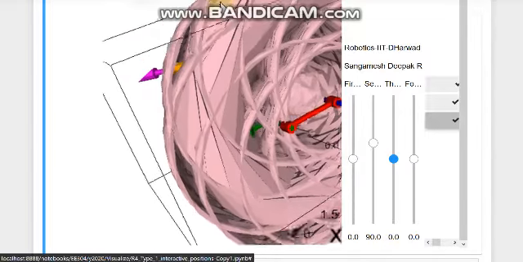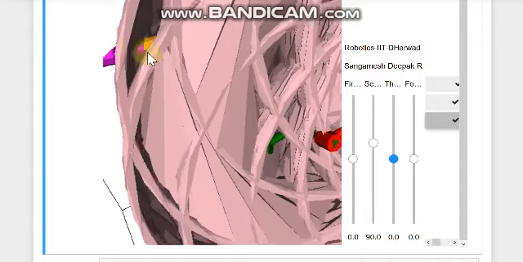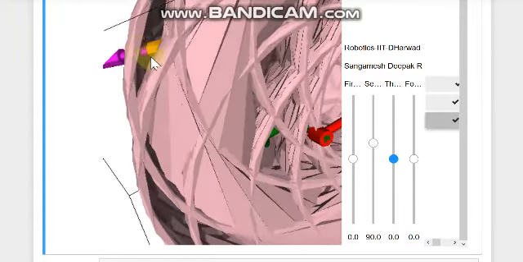If you are very keen, you can see that it has entered inside the workspace boundary. It is somewhere inside.